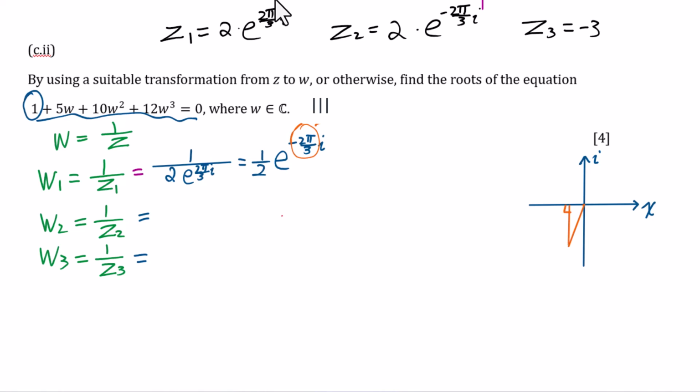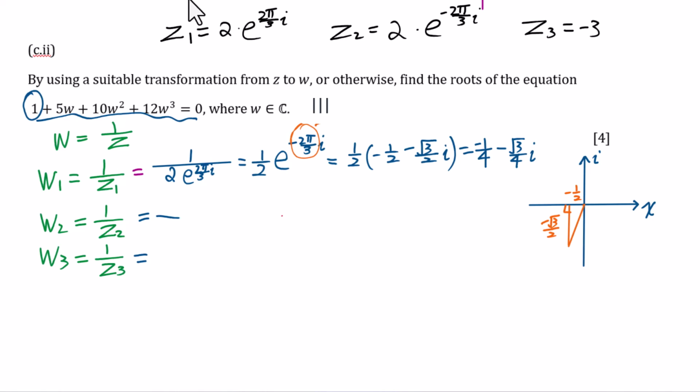Let's label negative square root of 3 over 2, negative 1 over 2. So we get 1 over 2 times negative 1 half minus square root of 3 over 2 i equals negative 1 over 4 minus square root of 3 over 4 i.